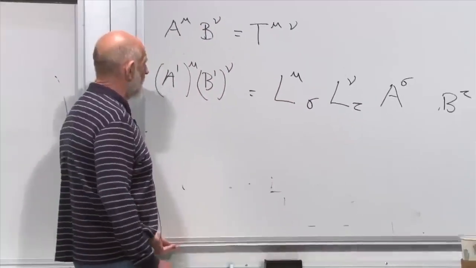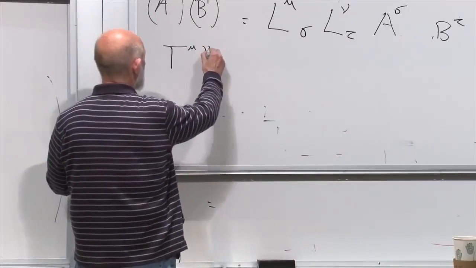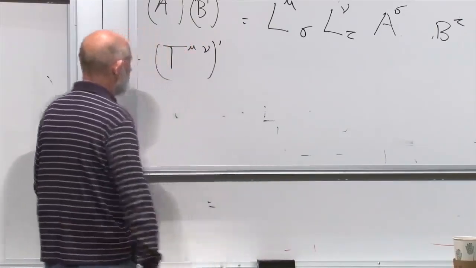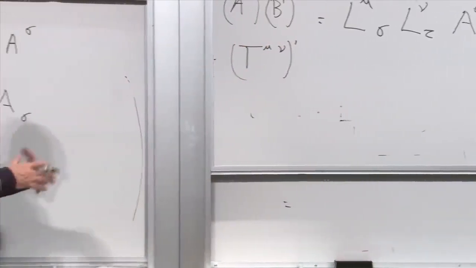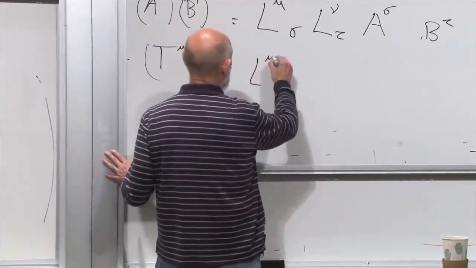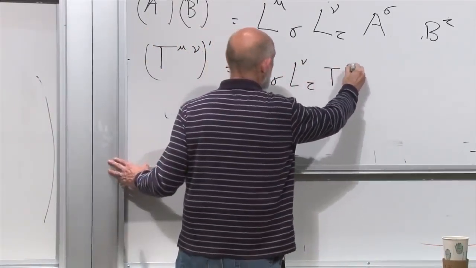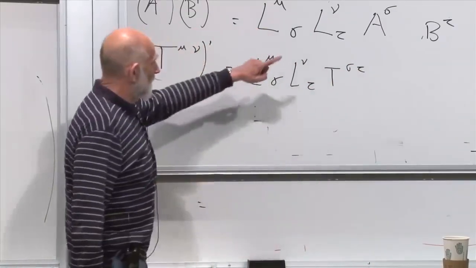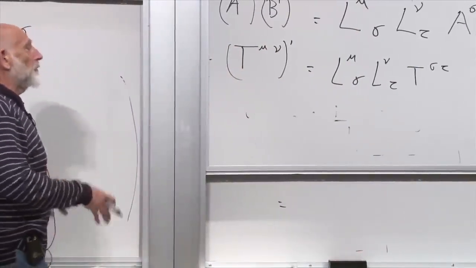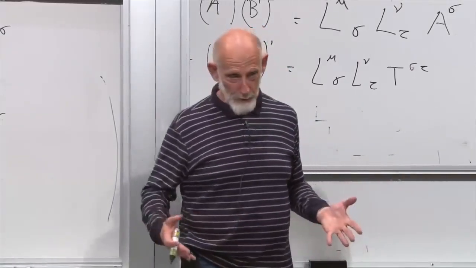So now we can abstract from that and say more generally, the way a tensor transforms: the primed tensor, the set of quantities that I see, are related to the set of quantities that you see by L mu sigma, L nu tau, times T sigma tau. A times B, that's T sigma tau. So this is the rule, for example, for the transformation property of a simple tensor with two indices.